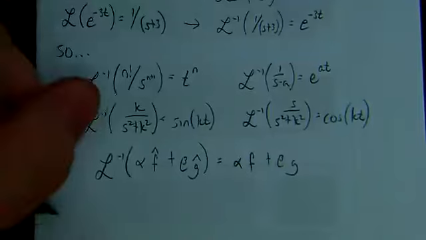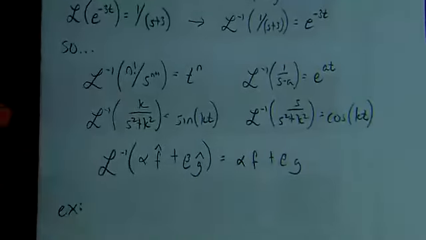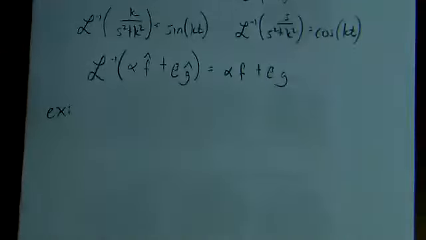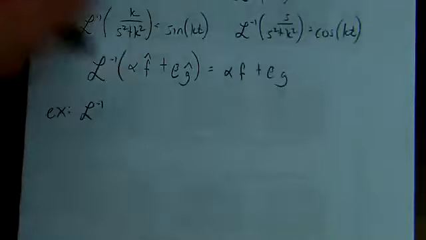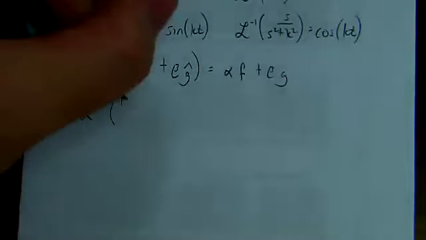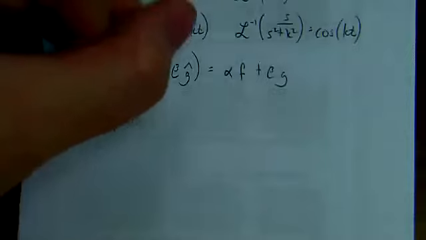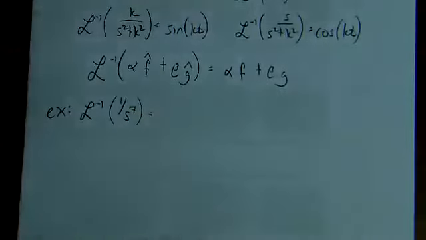So let's look at some examples. If I were to ask for the inverse Laplace of 1 over s to the 7th. Now, we've never taken the Laplace transform of a function and gotten 1 over s to the 7th.